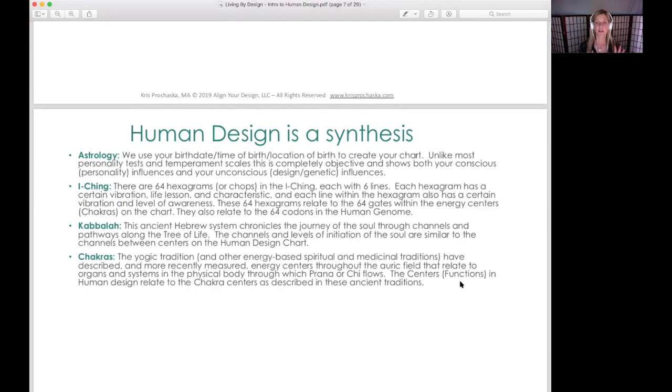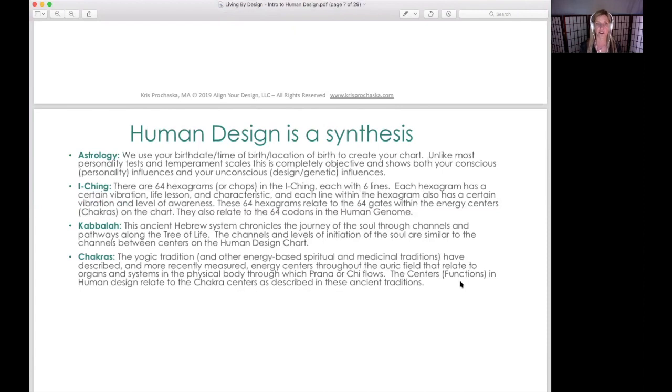And these chakras are energy vortexes that relate to the organs and systems in the physical body, through which our life force energy, or prana, chi, whatever you want to call it, flows through us. So the centers or the shapes on the design relate to the chakras in the body.